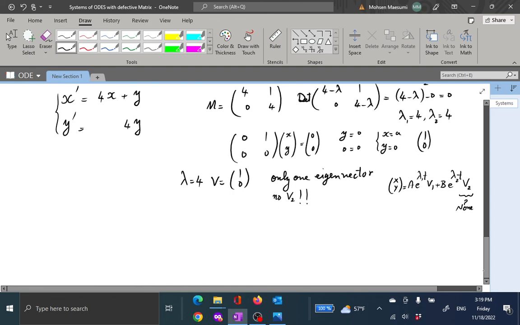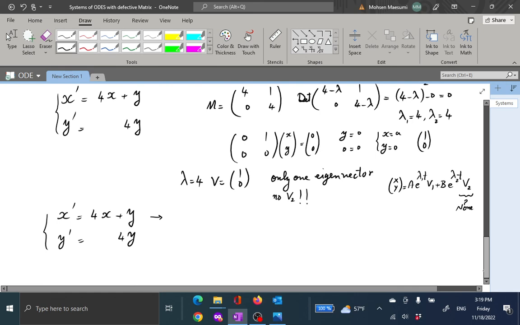There is no such thing. So we have to go to plan B, and the easiest plan B, as I said, is to take this problem and convert it to a problem with second order. So how do we do that? Let's write. I have x prime is equal to 4x plus y, y prime is equal to 4y.